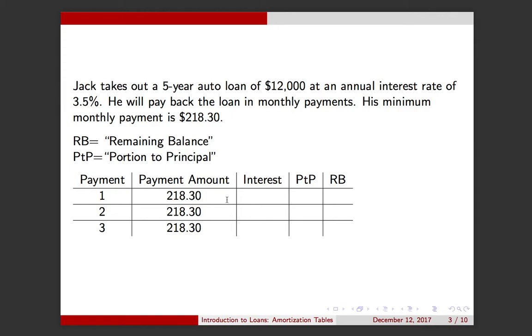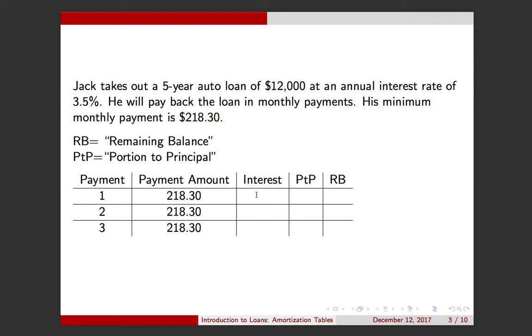Some of that money will just be pocketed by the bank as interest. Okay, so the bank is not loaning him this money as a charitable action or something. They are going to keep some money as a fee for allowing Jack to use that money. So this $218.30 will be split into 2 pieces.